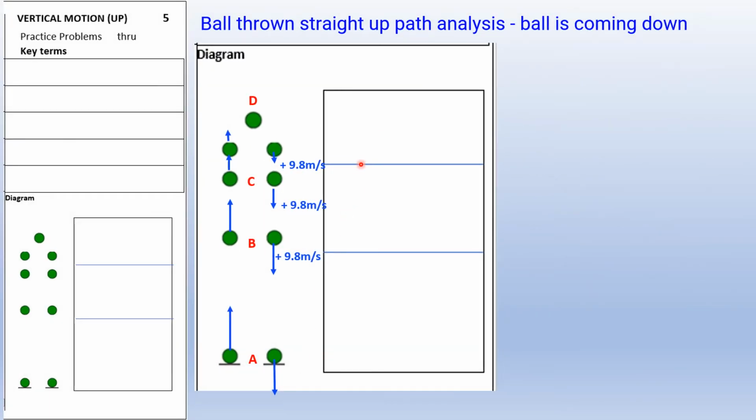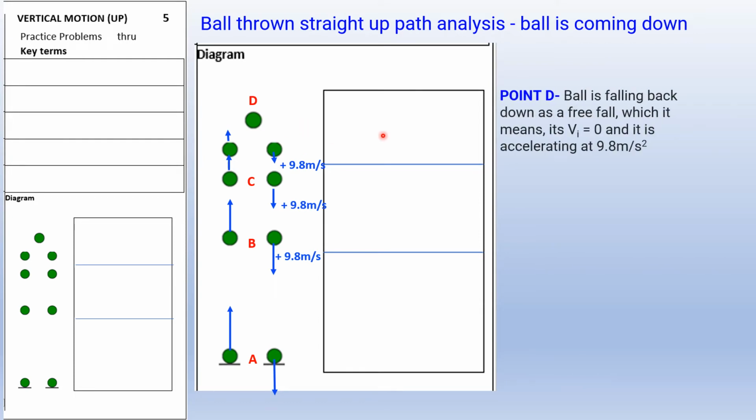Now let me explain what happens with the trajectory when the ball is coming down. At point D, the ball is falling back down as a free fall, which means its initial velocity is 0 and the ball is accelerating at 9.8 meters per second square. Remember, every second it is going to pick up 9.8 meters per second.